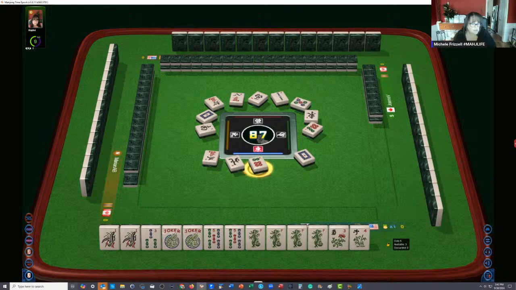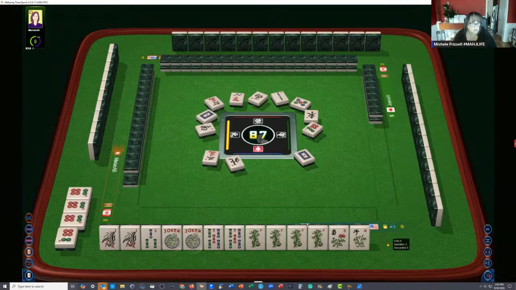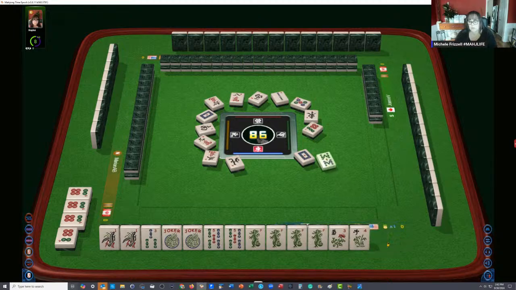Okay, 6 dots. Dee Dee's asking, can you explain the blind pass? When you play with real tiles, you get confused because on the computer it's automatic. Sure, we might be able to play one more game and we can talk about passing blind. 9 characters. I have a wiki article on that as well that you might find helpful. 8 bamboos.